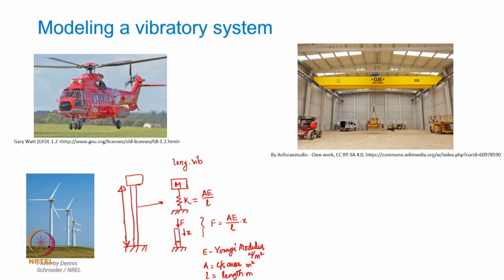Then the stiffness will be given in newtons per meter, and based on this you can find out the natural frequency in the vertical longitudinal direction.